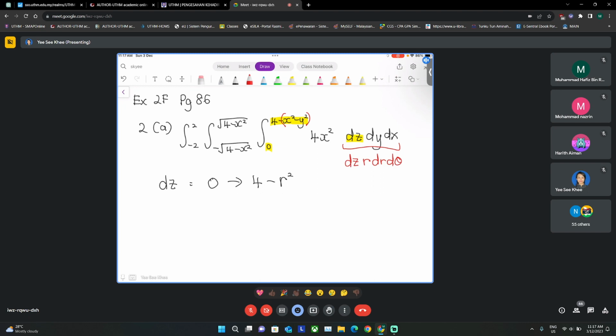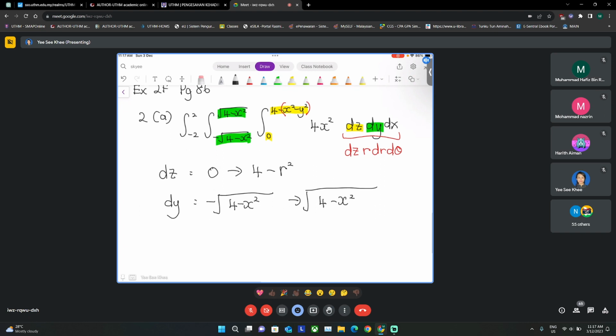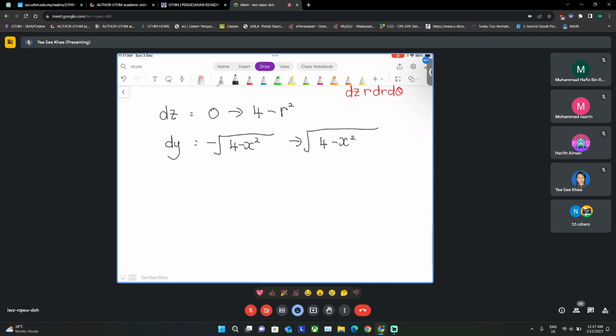Next we move on to the dy. These are the dy interval. One is negative, the other is positive. In fact they refer to the same function, meaning that y equals square root 4 minus x squared.